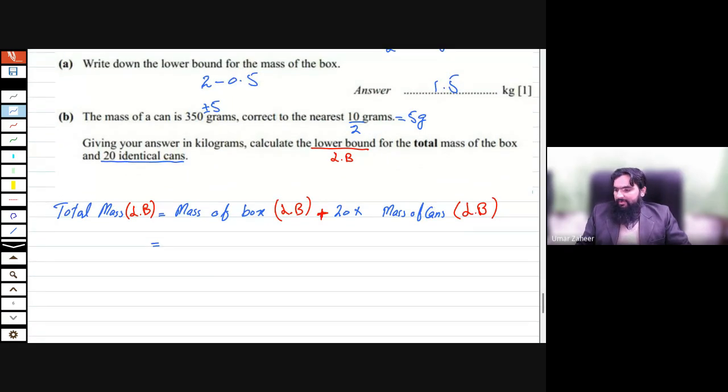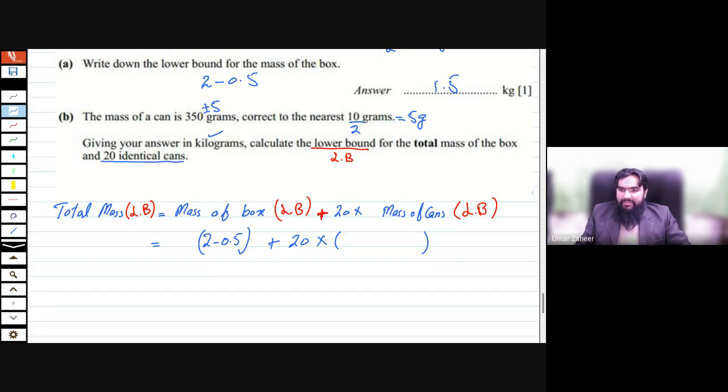So the mass of the box, we have to find the lower bound. That is 2 minus 0.5, plus 20 multiplied by the mass of cans, we have to find the lower bound. But the problem was, it is given in grams, and the other value is in kilograms, and we need the answer in kilograms as well.